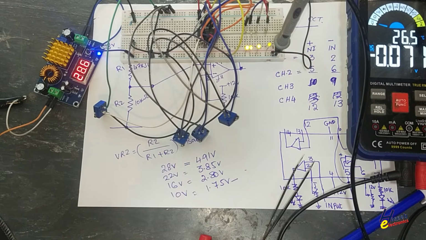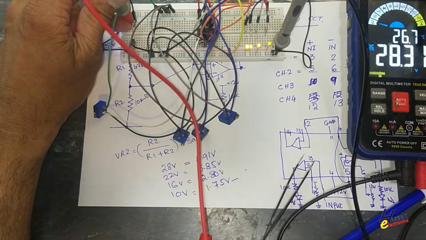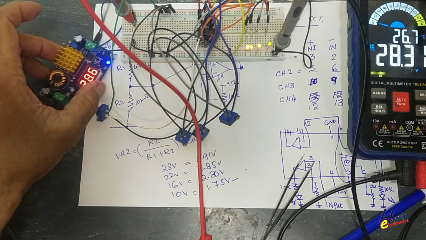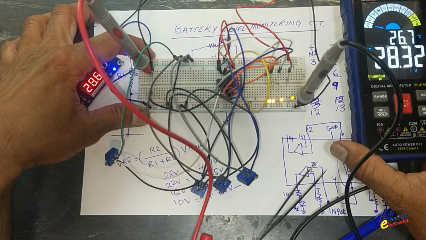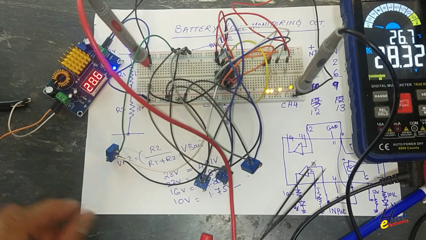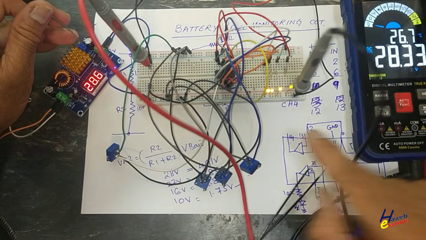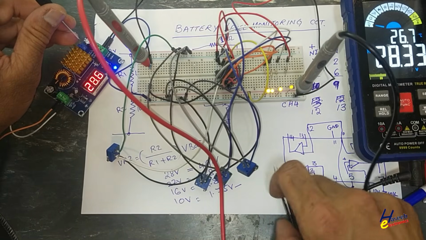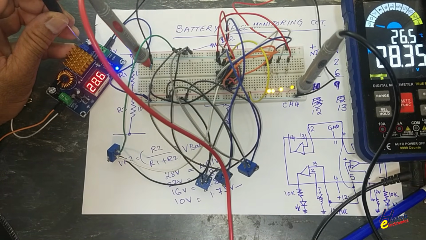So our circuit is working nicely. When we have 28 volt, all 4 LEDs are indicating that the battery level is at maximum.